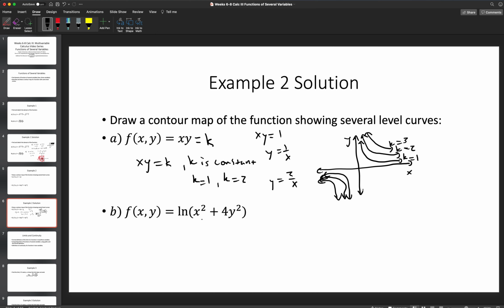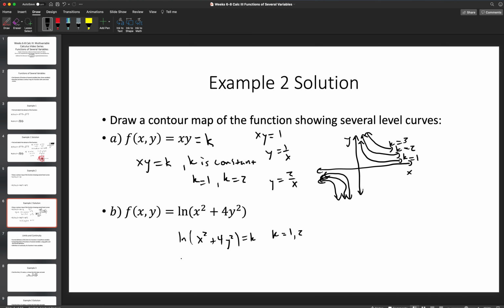And then same thing with this function, ln of x squared plus 4y squared. You just take that and set that equal to k. And let's say, for simplicity, k is 1 and 2.